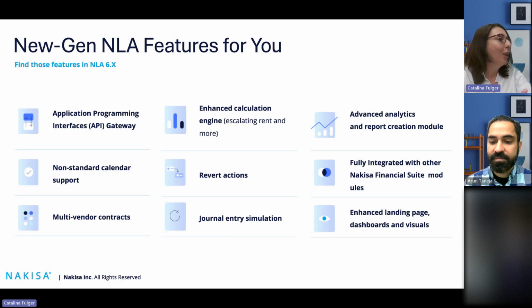And we made this feature full and complete. It has everything in it. So the system will suggest the change in classification. If, for example, you are adding a purchase option, or you are exercising a purchase option, or you are extending the life of your contract, and then you get into those thresholds for the bright line test, the system will say, hey, by the way, this should be a finance lease.